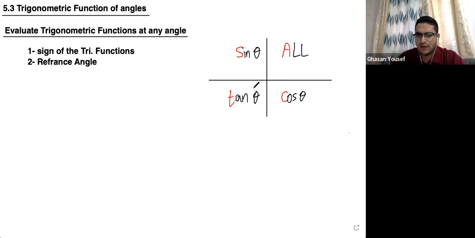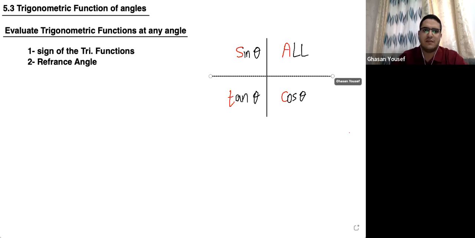So I put this in one phrase: all students take calculus. To just remind you how we can remember this: all functions are positive in the first quadrant, sine is positive in the second, tan is the positive function in the third quadrant, and cosine is the positive function in the fourth quadrant.